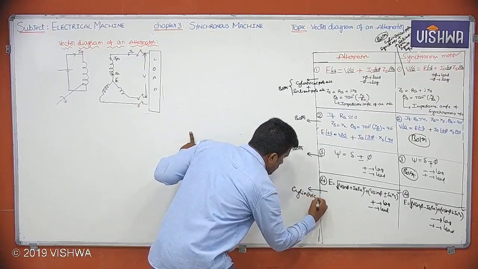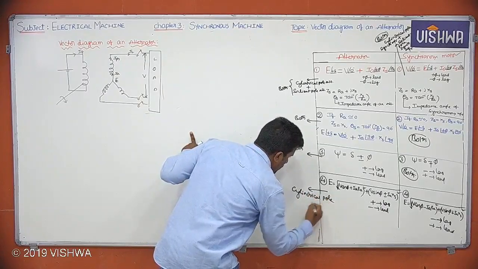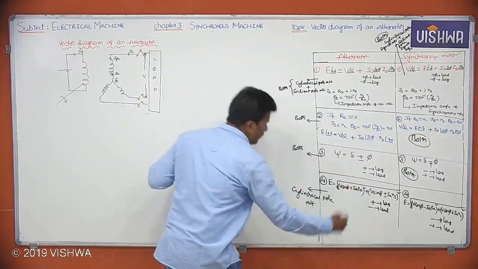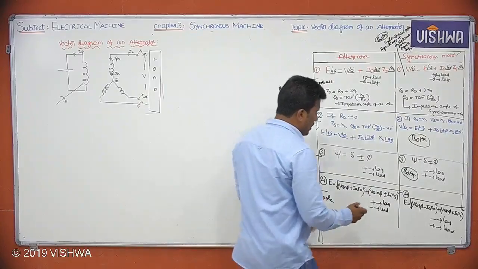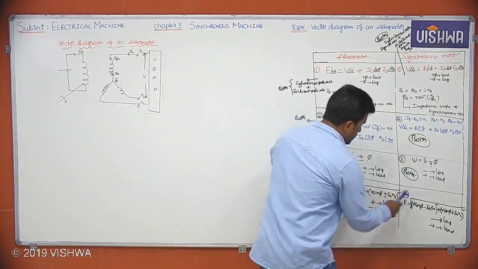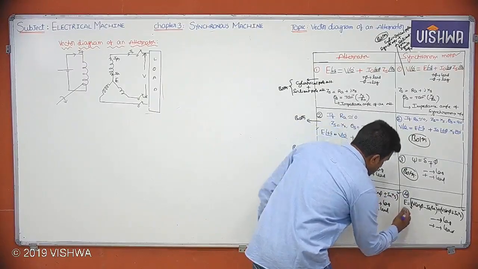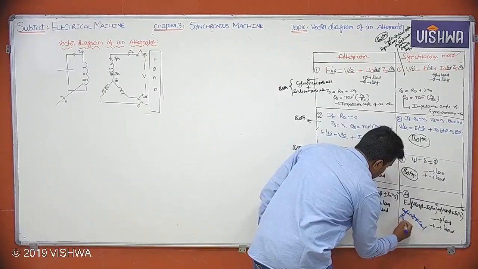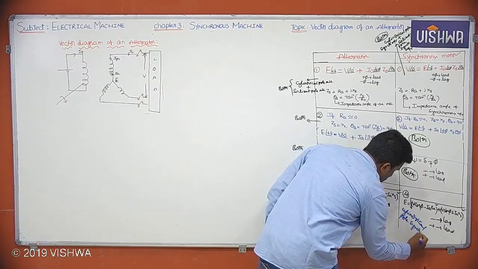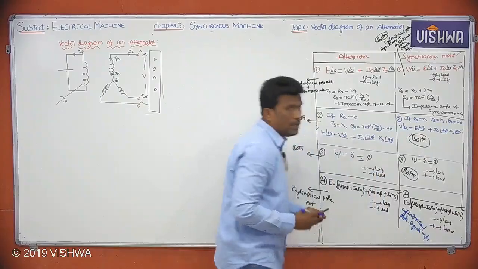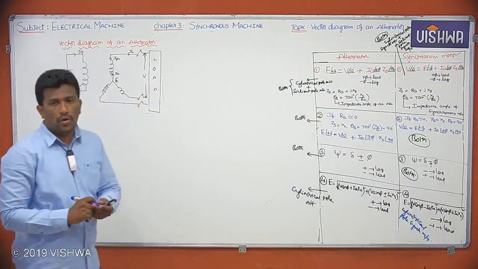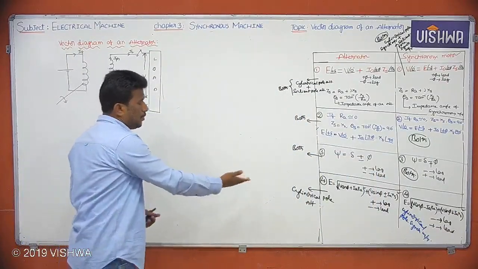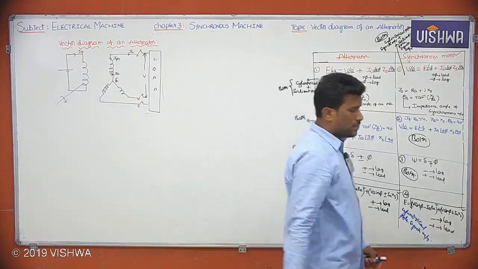cylindrical pole alternator. Similarly, this formula number 4 is also valid for cylindrical pole synchronous motor. Okay, that means you should know the formula for salient pole alternator here and salient pole synchronous motor here.